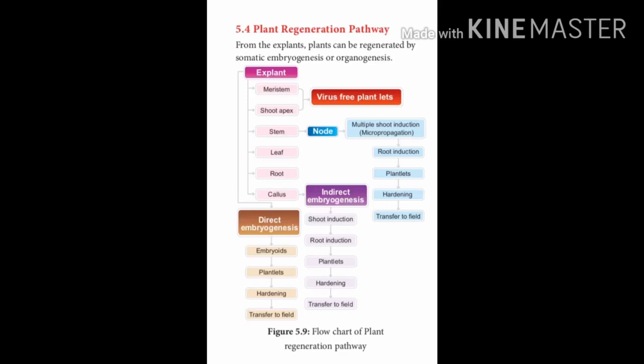In another culture it is indirect embryogenesis, that is we have shoots. The shoots and roots are produced from which embryo plantlets are formed. The plantlets grow into hardening process and then transfer to the plant.